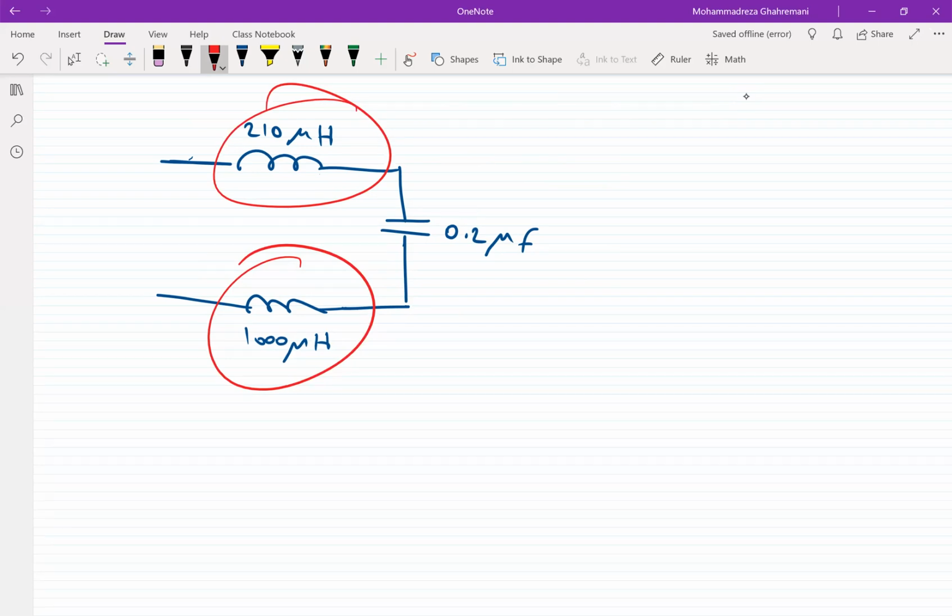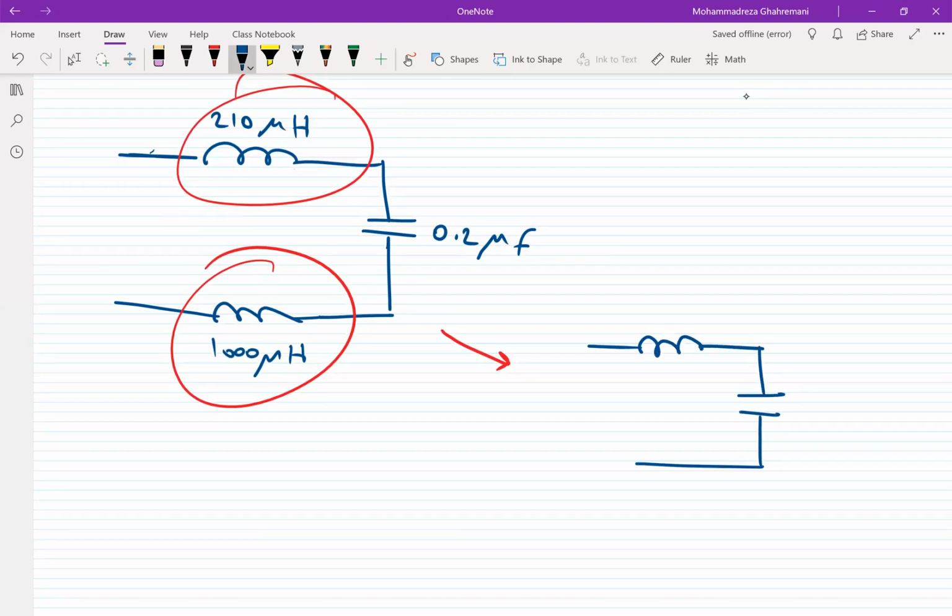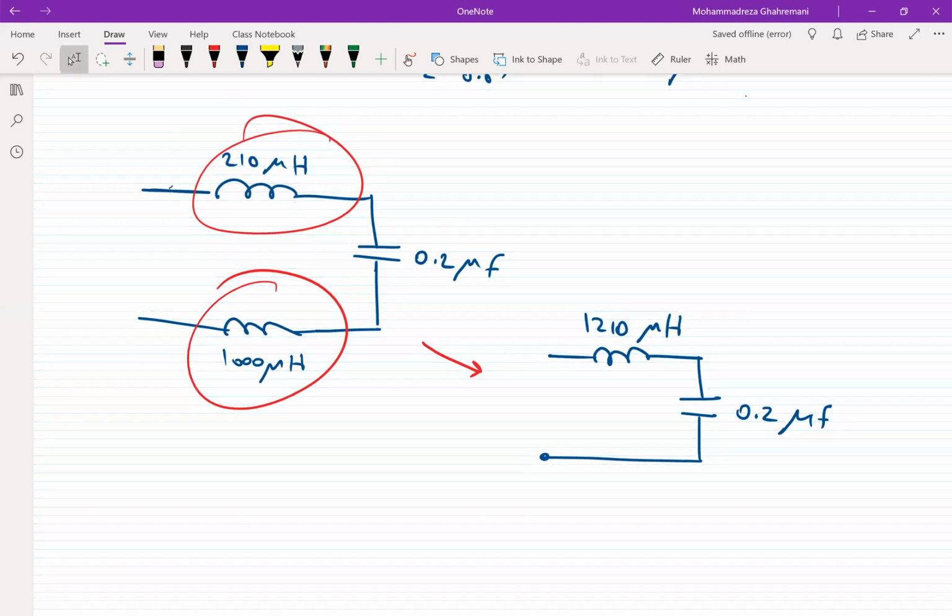So if we simplify this circuit, we will have one capacitor and one inductor, with the values of 1210 microhenry and 0.15 microfarad. And here is the final answer.